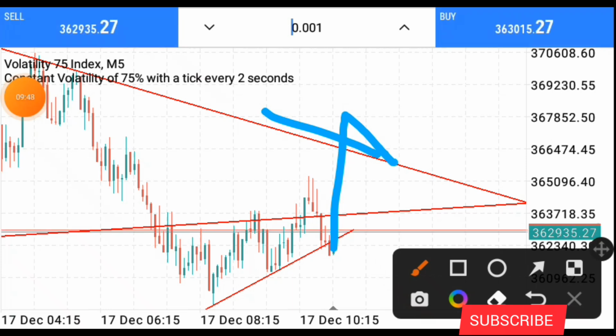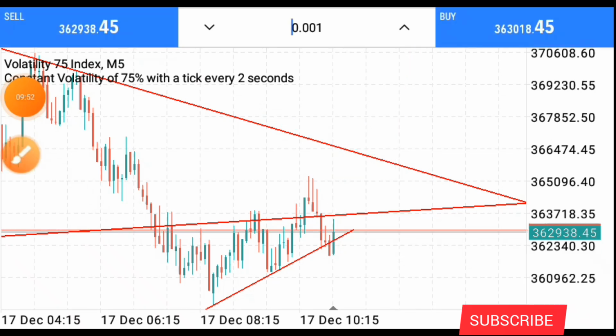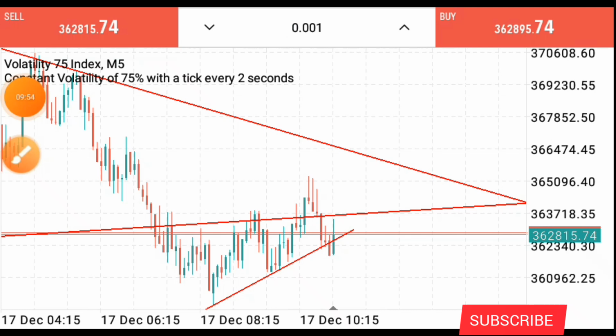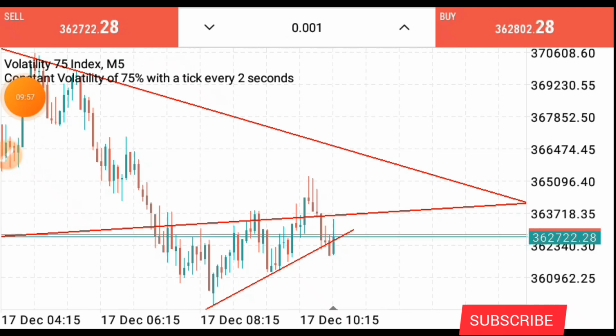That's when I will be taking any entry to the upside. So now I have a plan. The next thing now is to be patient enough to wait for my conditions to be met before taking any entry.